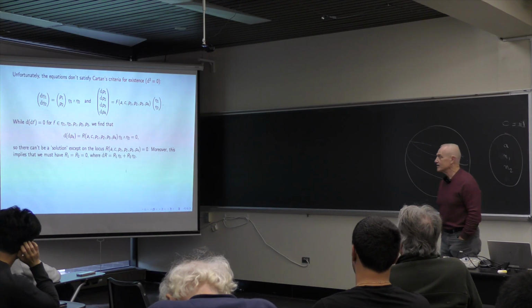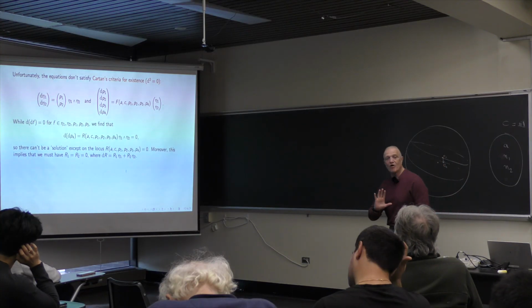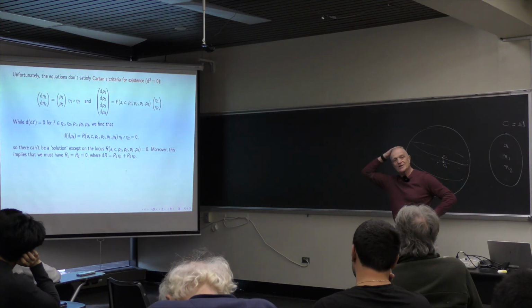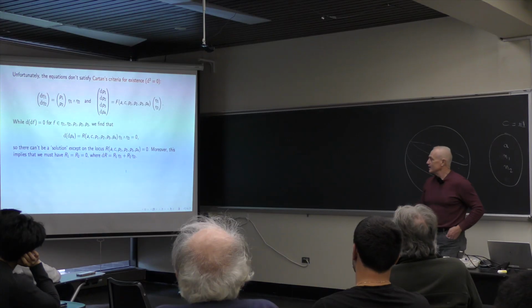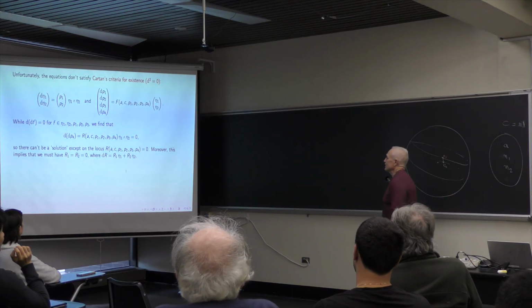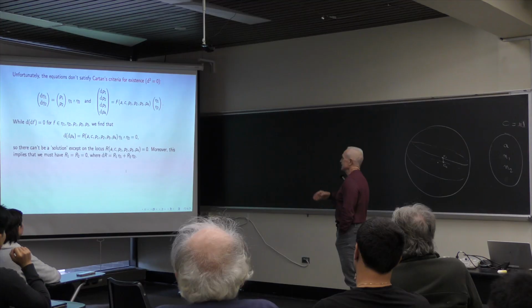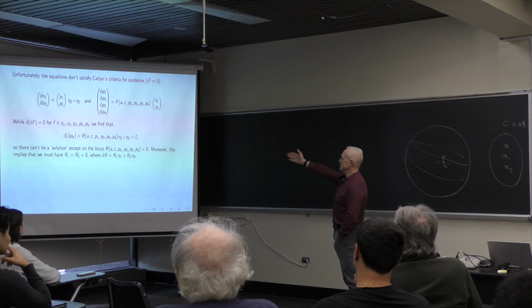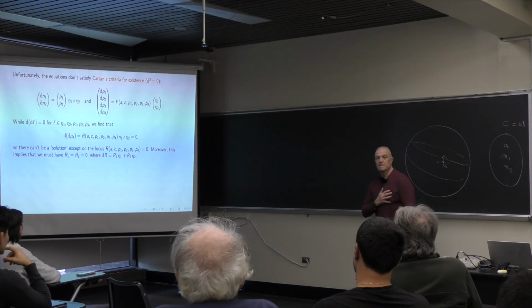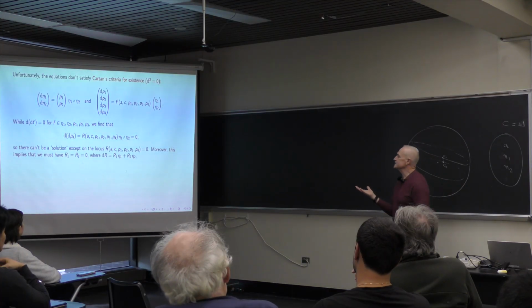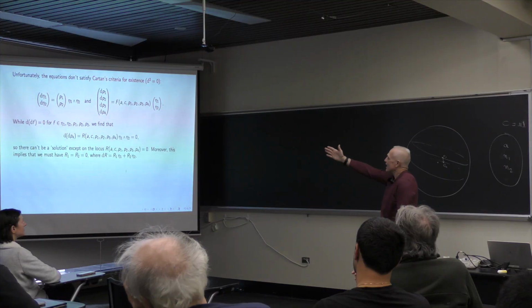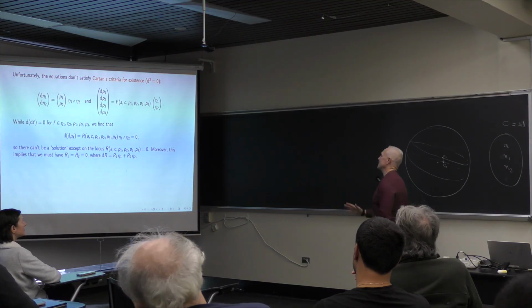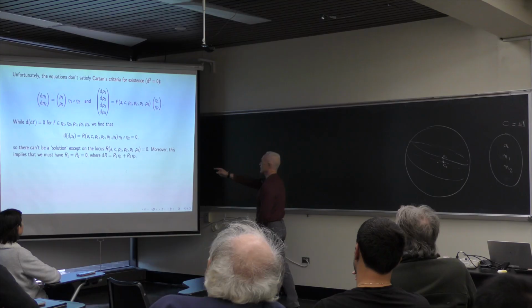I haven't told you what R is. R is a complicated rational expression in A, C, P1, P2, P3, P4. There's a certain R so that the equation is true. And what that means is that there can't be a solution to these equations. There is no algebra with that property except in the subset where this R vanishes.